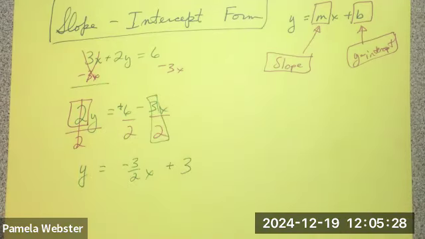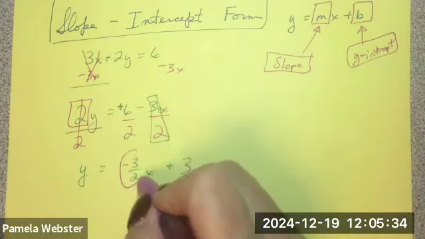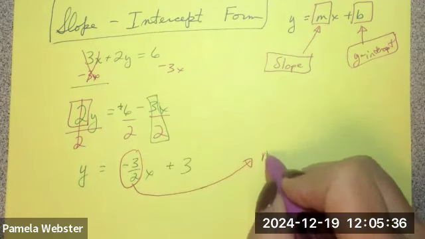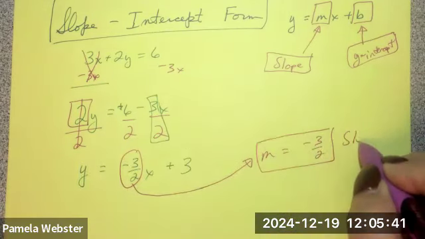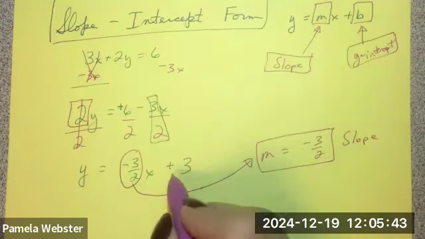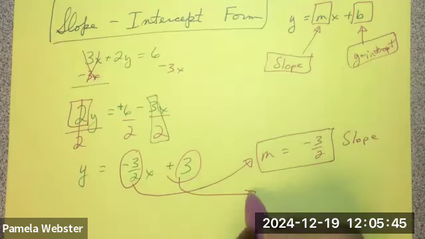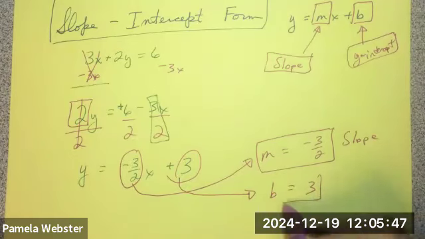And I look at that and I say, okay, this is in slope-intercept form, so I should be able to just pick things out. Here we go. m equals negative 3 halves, that's my slope. And b equals 3, that's my y-intercept.